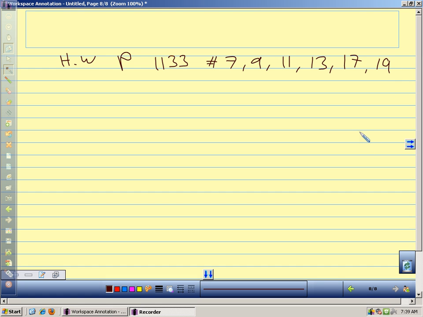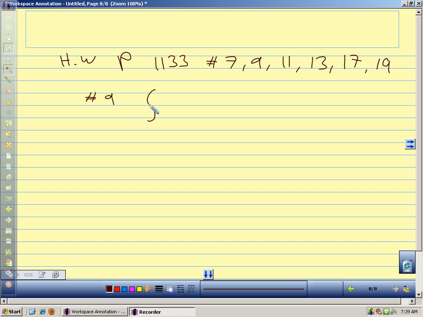All right. And let me give you a suggestion on one of these problems. On number 9, it asks you to verify Stokes Theorem, and you end up with 3 line integrals.